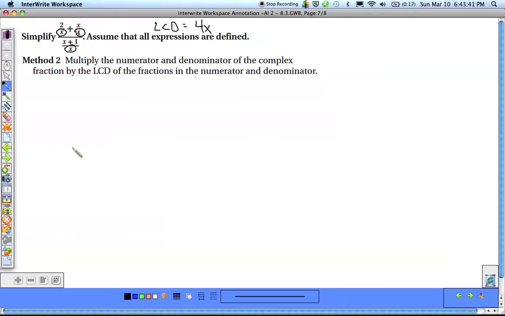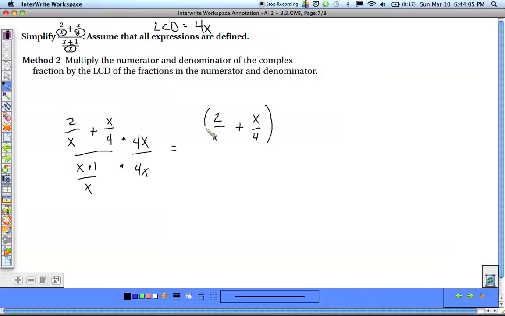What we can do with that is we can take this complex fraction and multiply the numerator and the denominator by that least common denominator, 4x. When we multiply that, we can take that numerator, 2 divided by x plus x over 4, and multiply it by 4x, and then we take the denominator and multiply that by 4x as well.